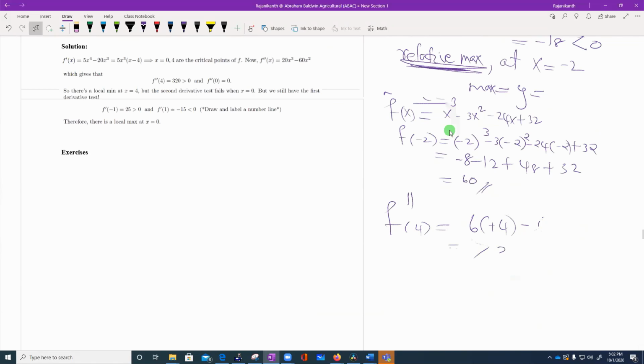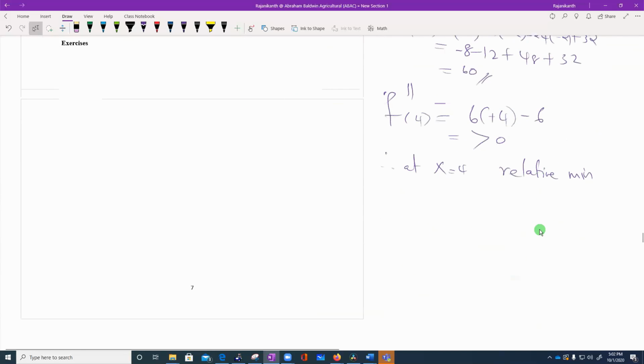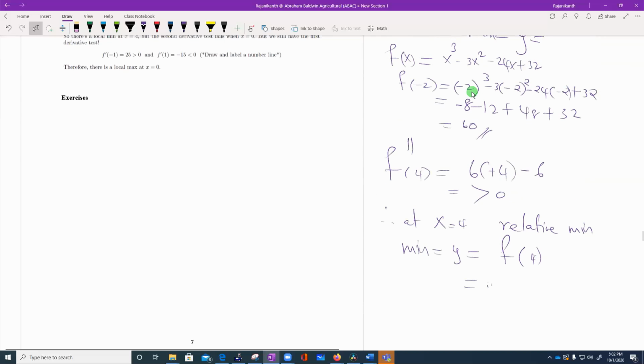So it is positive. Therefore, at x equals 4, you will get a relative minimum. So what was the value? The minimum value is going to be my function value, simply the function evaluated at 4. Now plugging 4 into the function, you should get 4 cubed minus 3 times 4 squared minus 24 times 4 plus 32.